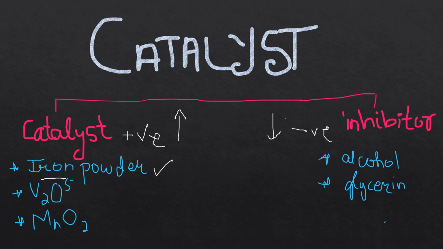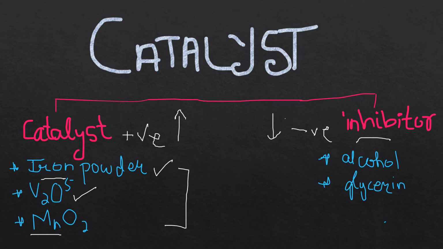After that, V2O5, vanadium pentoxide, is also a kind of positive catalyst. After that, MnO2 is also a type of catalyst. These are the common catalysts termed as positive catalysts.